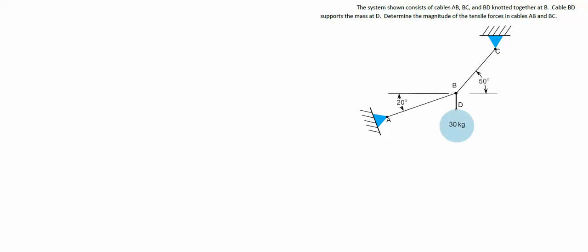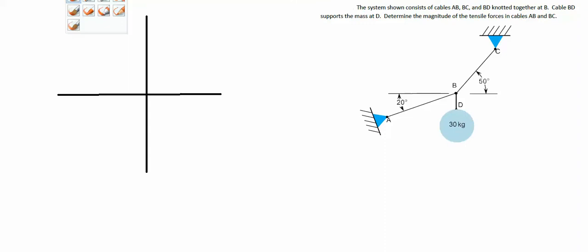So here's what we're going to do. We have our X plane and the Y plane as well, and we need to draw our forces. You always need to remember that tension is always away from the point.